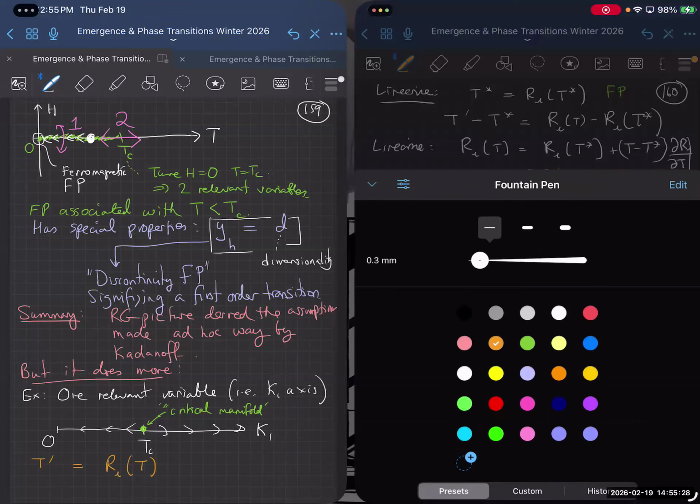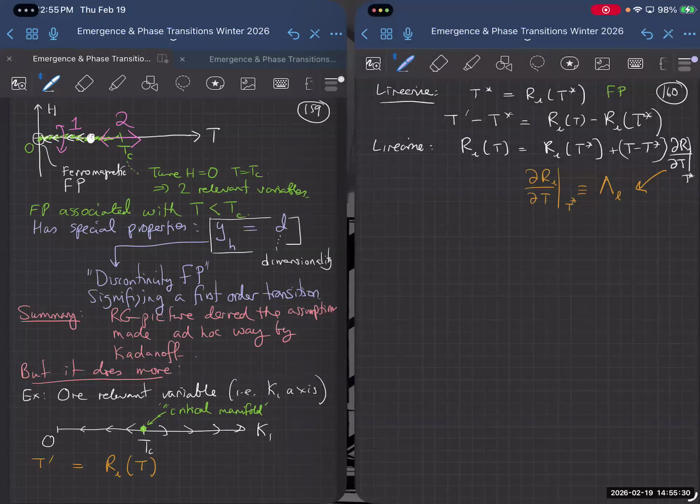Now remember that we used the semigroup property to prove that lambda of L must have the form L to the y sub t. So that's how we derived that last time. That was assumed by Kadanoff, but now we've derived it.